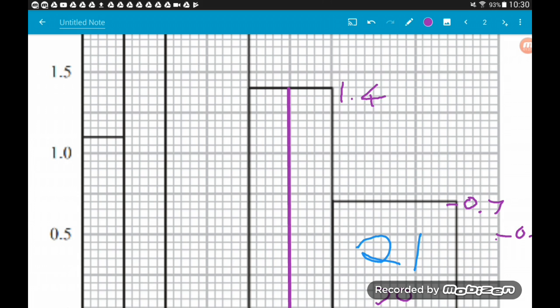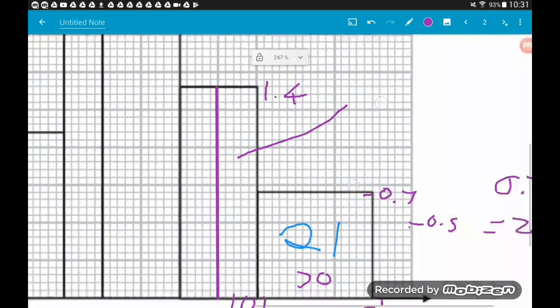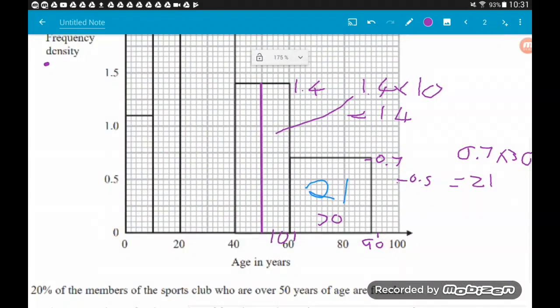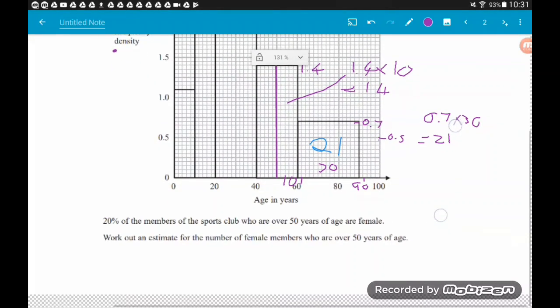To work out an estimate for the number of people here, we're going to do 1.4 times 10, which is 14. So now we have our estimate for the total number of people that are over 50. That's 14.